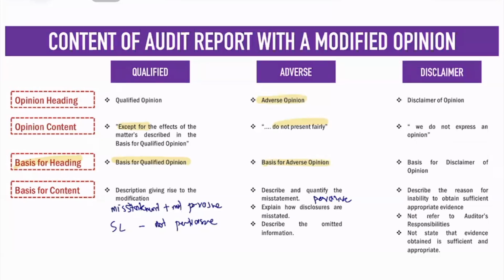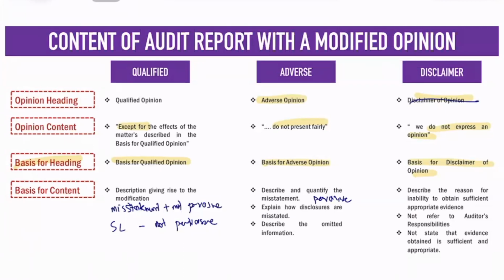How about in your disclaimer? The heading here is known as disclaimer of opinion. And then the content is that you do not express an opinion. Now, as to the basis heading, we call it basis for disclaimer of opinion. Under basis for disclaimer of opinion, you start first by describing the reason for inability to obtain sufficient appropriate evidence.